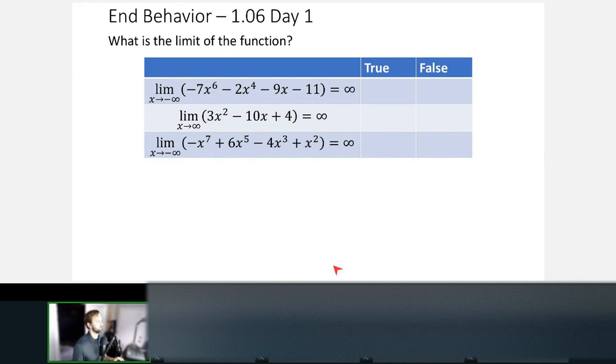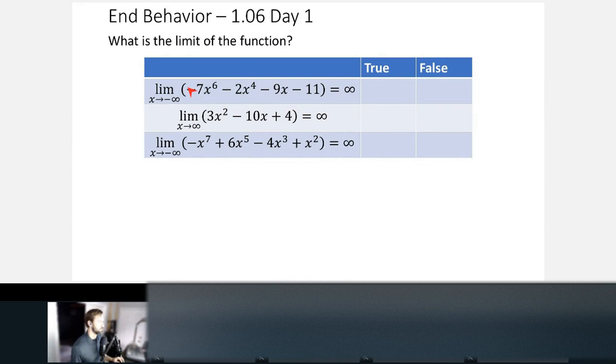In end behavior, these should be pretty easy. Here you're just confirming true or false. So the limit: when x goes to which direction? Are we going left or right? What does this tell us? Yeah, so left. This one tells us that, given this function, when x goes to the left, toward negative infinity, what happens to the end behavior?